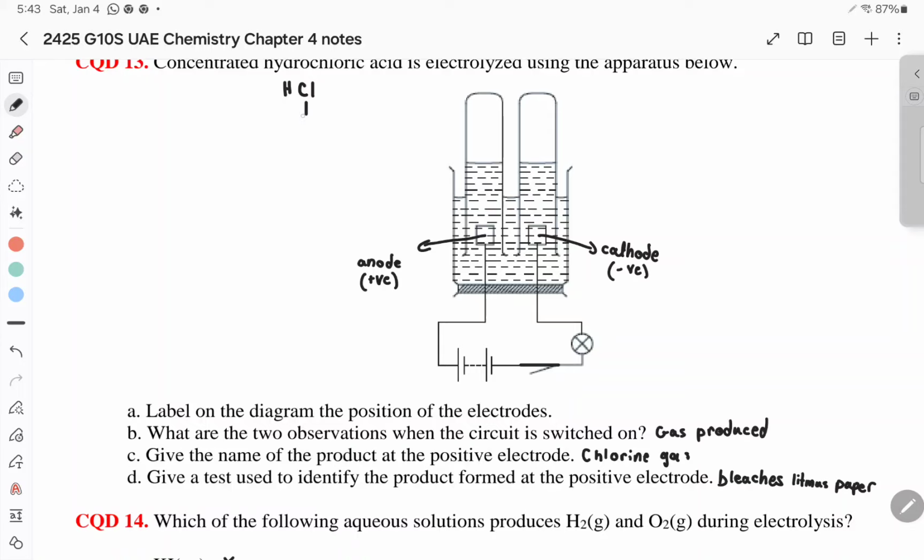So the Cl is Cl minus. Since it's minus, it's going to go towards the anode. So at the positive electrode, which is the anode, it will have the minus one. So the Cl is going to become chlorine gas. And how do you test for chlorine gas? We know from a previous chapter that it bleaches litmus paper.